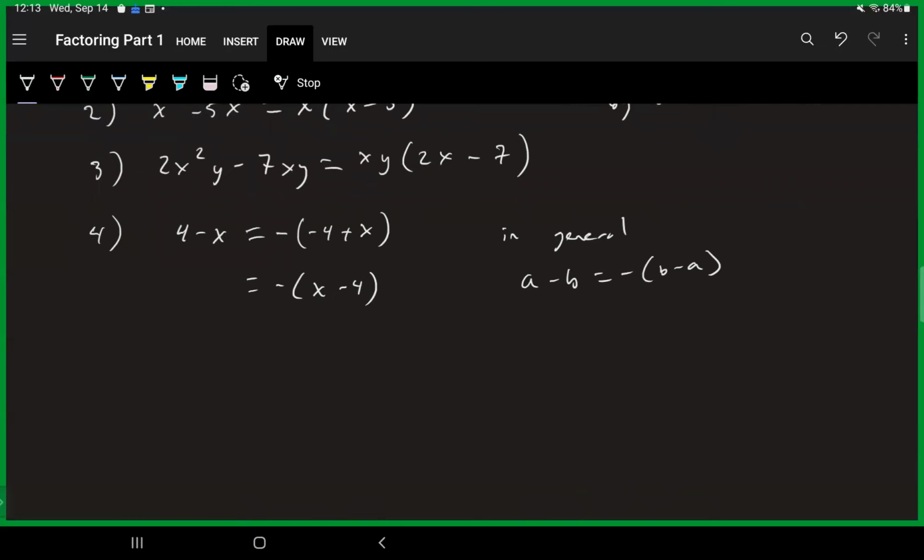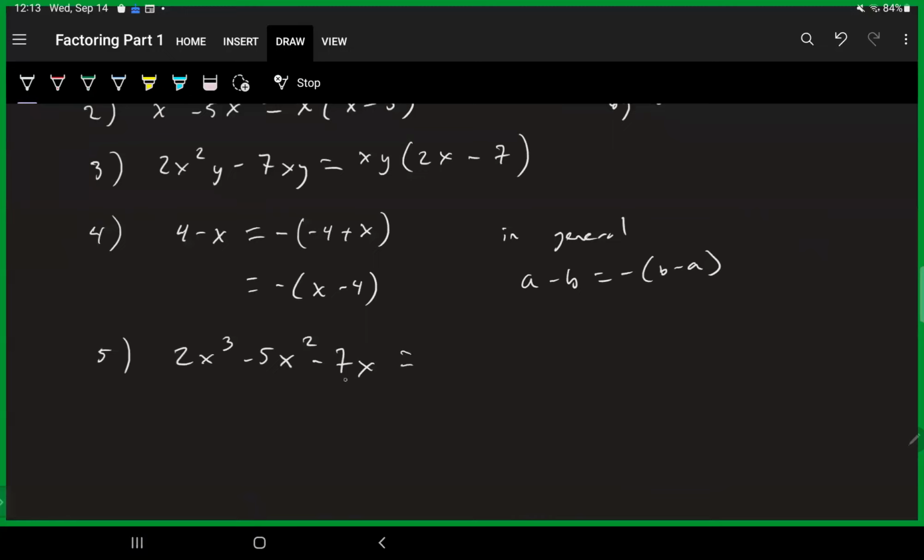And one last example with factoring out a greatest common factor. If I'm looking at something like 2x cubed minus 5x squared, let's do minus 7x. I have a trinomial.